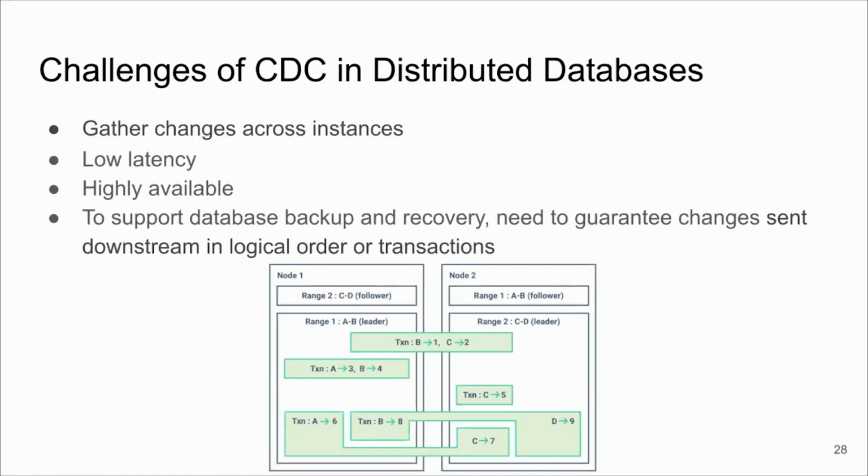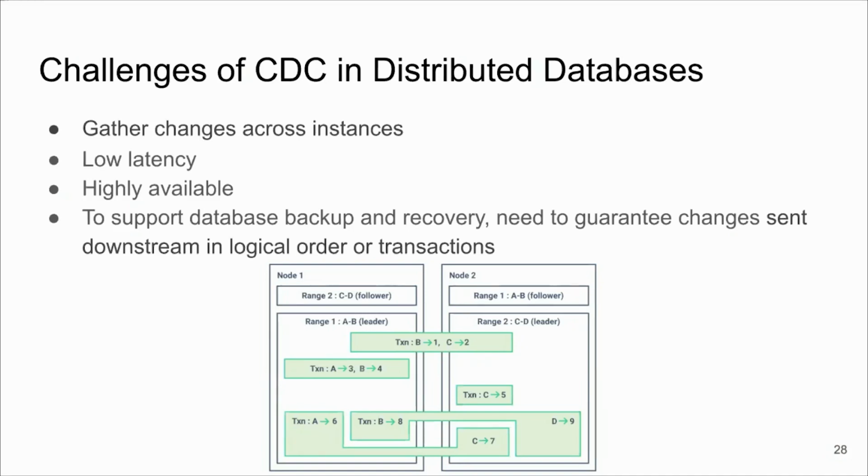The distributed databases support distributed transactions, and they use range partitions, right? Which means that a transaction can span multiple nodes and multiple regions. If you want your change data capture to support something like the MySQL binlog, to support backup and recovery, you need to order these transactions in transaction ID order. You need to globally order them.